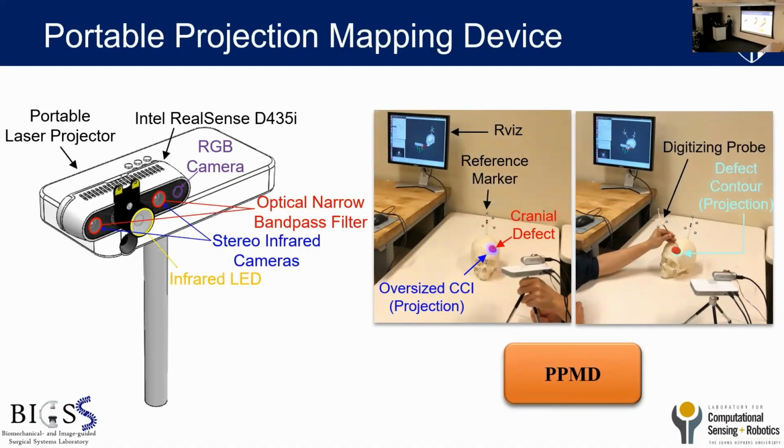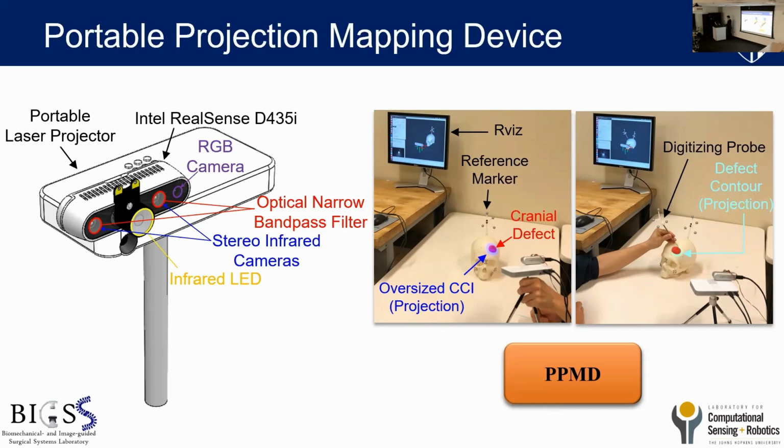I combined all the components into one single unit. It consists of a laser projector and a small optical tracking camera that I converted from an Intel RealSense RGBD camera by adding 2 bandpass filters onto the stereo infrared cameras to track surgical instruments.